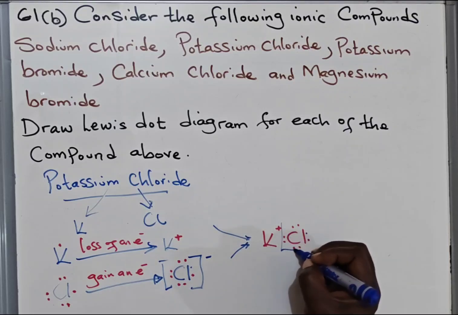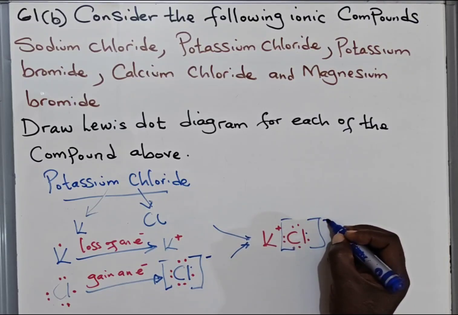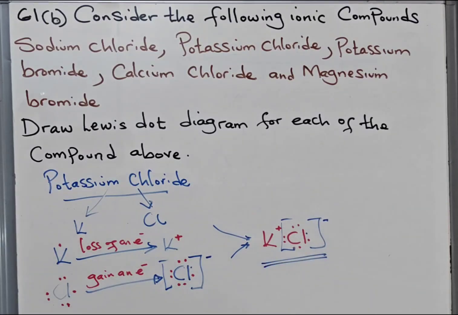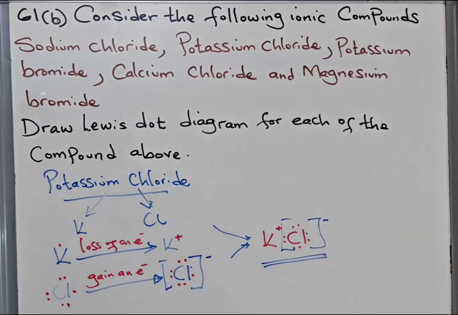And we put the bracket around it with our negative charge. So what you have here is the Lewis dot diagram for potassium chloride.